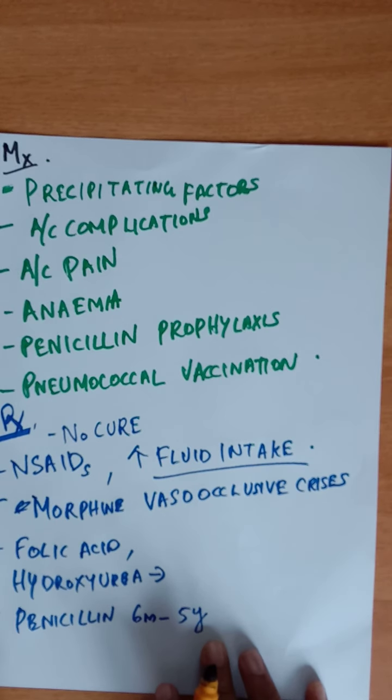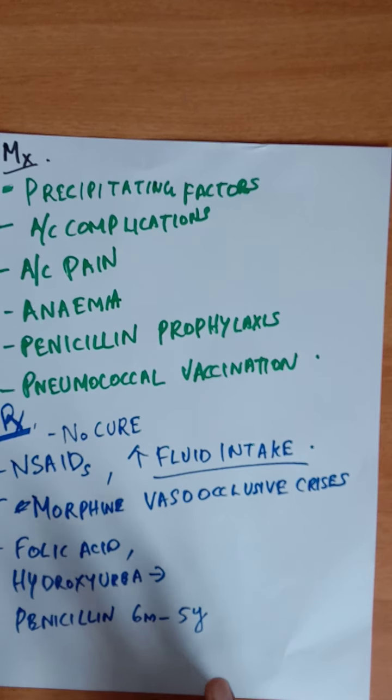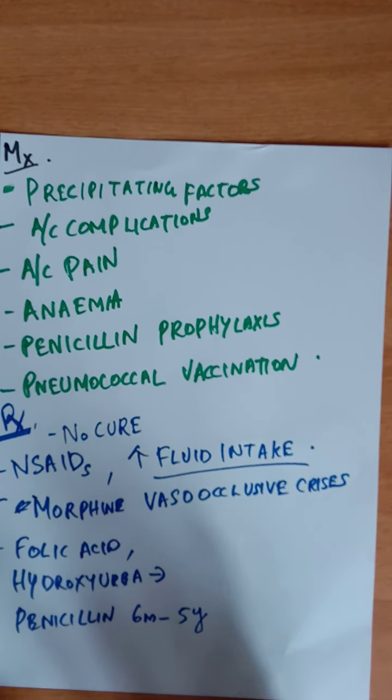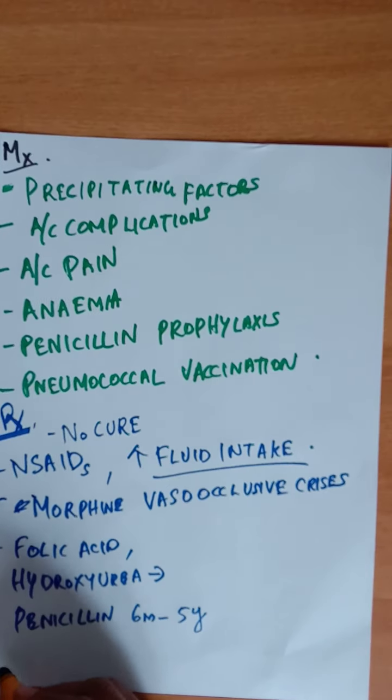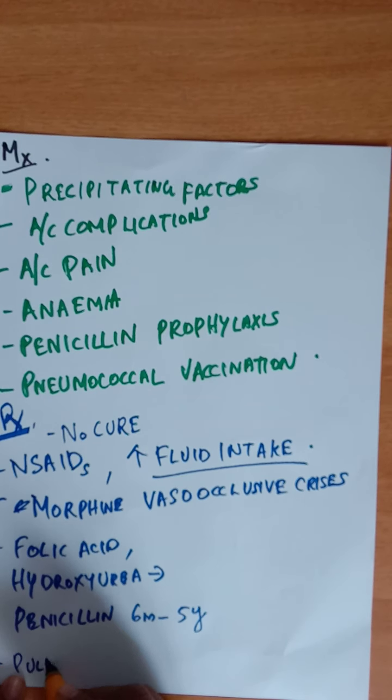Then management of complications and the various organ damage syndromes associated with the disease depends on the organ that gets affected, like kidney, bone, strokes, etc., with specific management for them. And detection and treatment of pulmonary hypertension is important because this can lead to death.